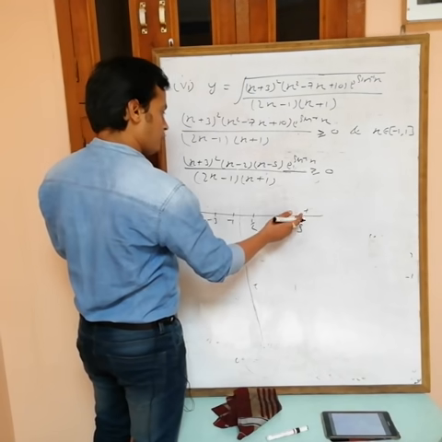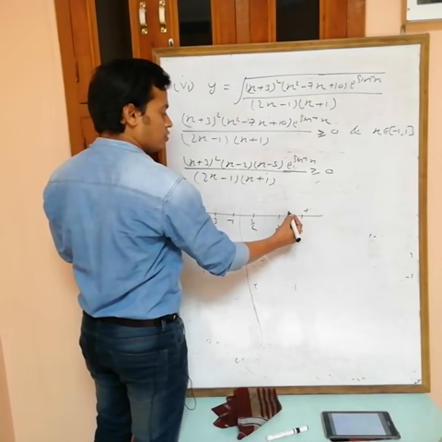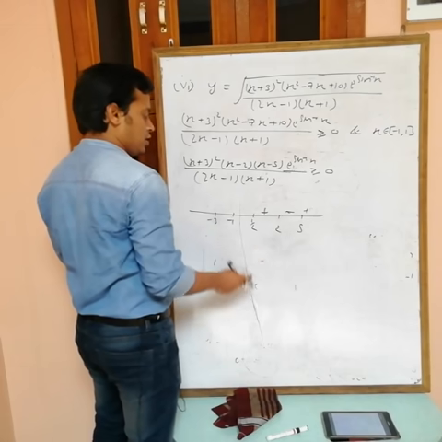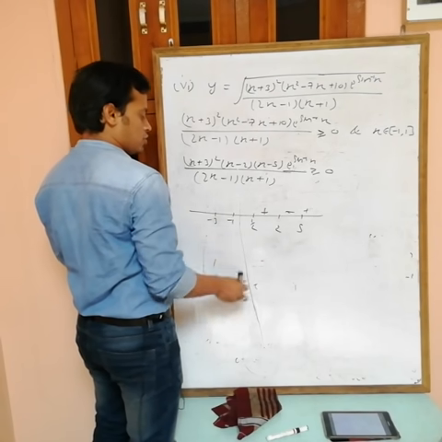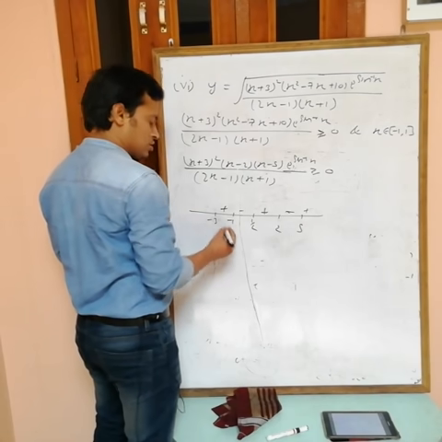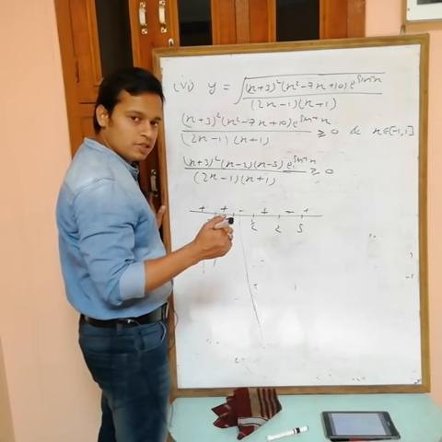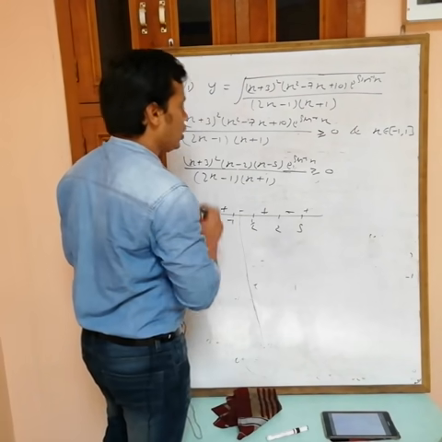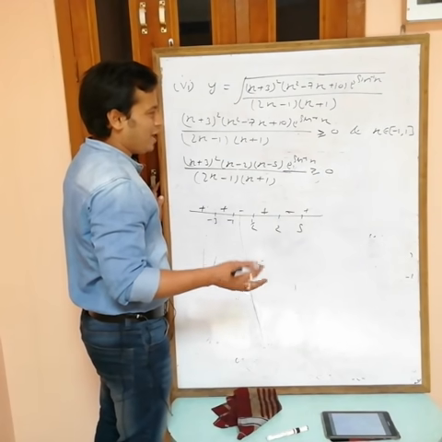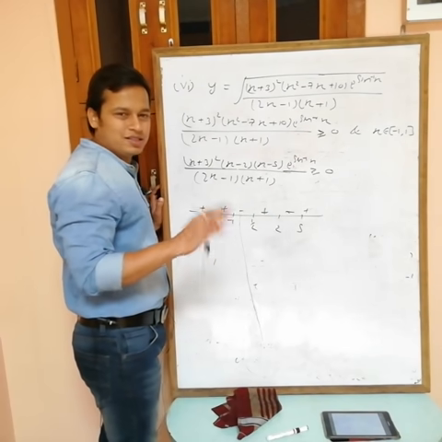So positive after 5; because of this one the power is odd, so change the sign; minus 2, because of this one the power is odd, change the sign; 1/2, because the power is odd, change the sign; -1, because the power is odd, change the sign; -3, because the power is even, the sign remains the same. Now the answer is greater than or equal to 0, so with positive sign, but also there is the condition that x is from -1 to +1, so can I consider the answer directly?